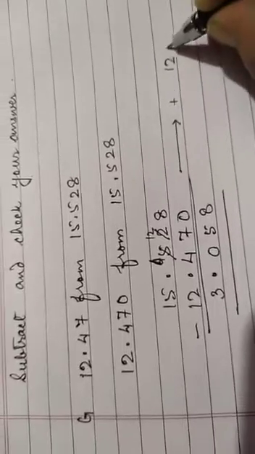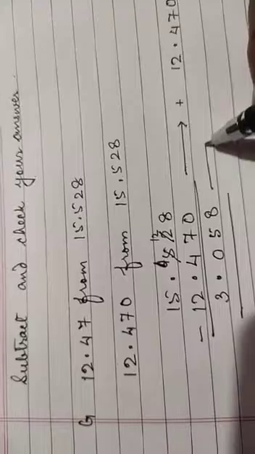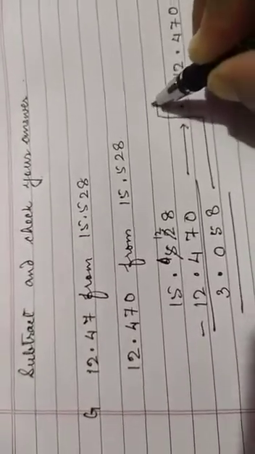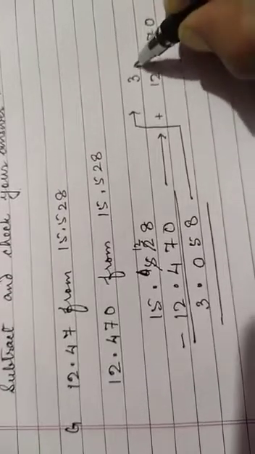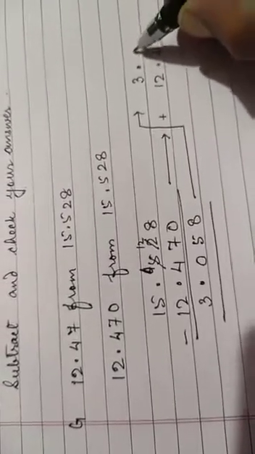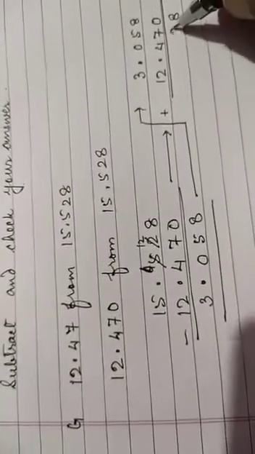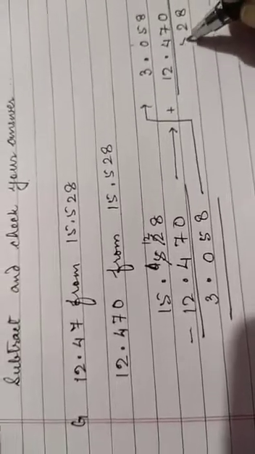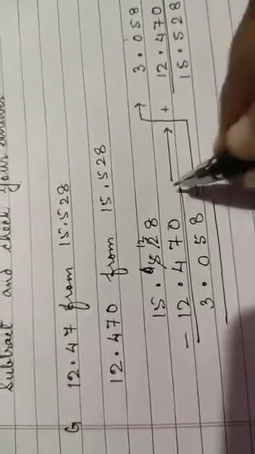Now this number I will shift to this side. This will become 12.470. The answer that you get, you take it up. Okay, 3.058. Now add the two. 8, 5 plus 7 is 12, 2 carry 1, this is 5, 3 plus 2 is 5, and this is 1. This is what?